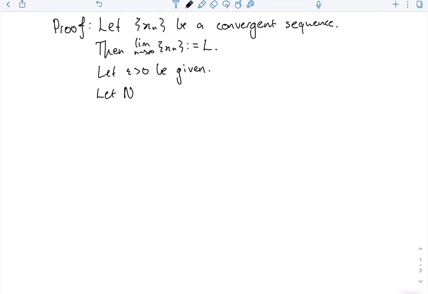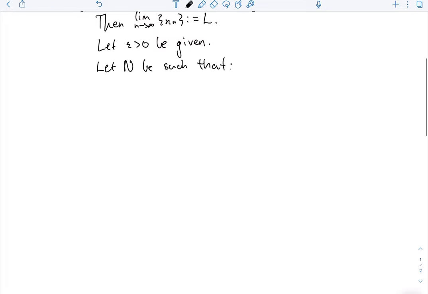So let N be such that we want the absolute value of xn minus L to be less than epsilon on 2.